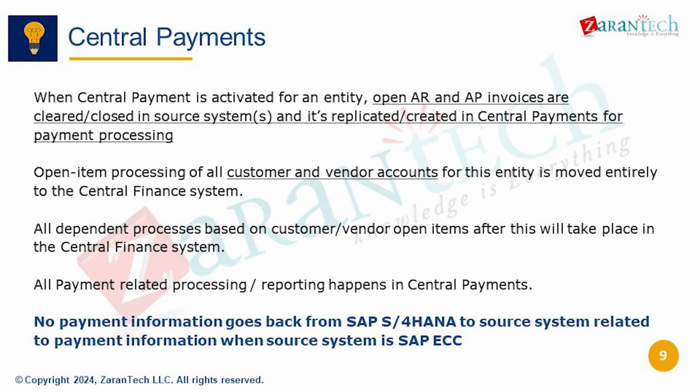Downstream settlement processing like bank file generation, account transfers, and payment confirmation will all occur centrally inside Central Payments. Related reporting like open item aging, collections analytics, and cash forecasting will also shift to leverage Central Payments content, no longer relying on source system documents.